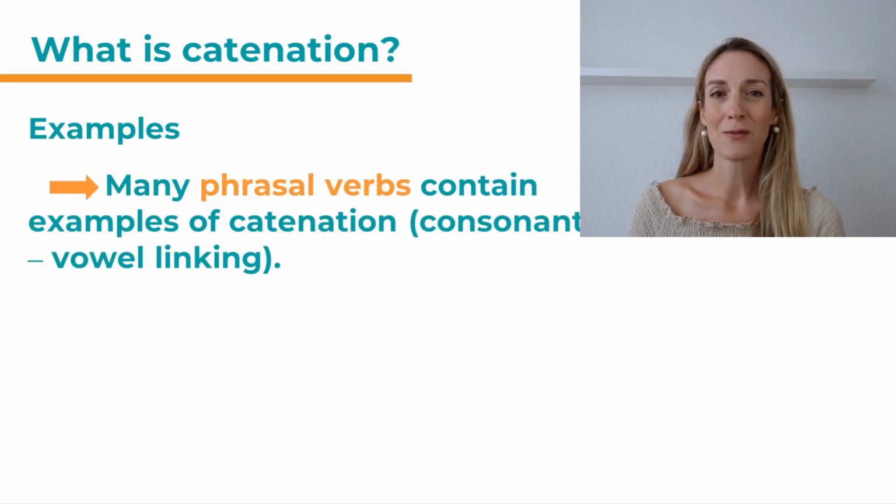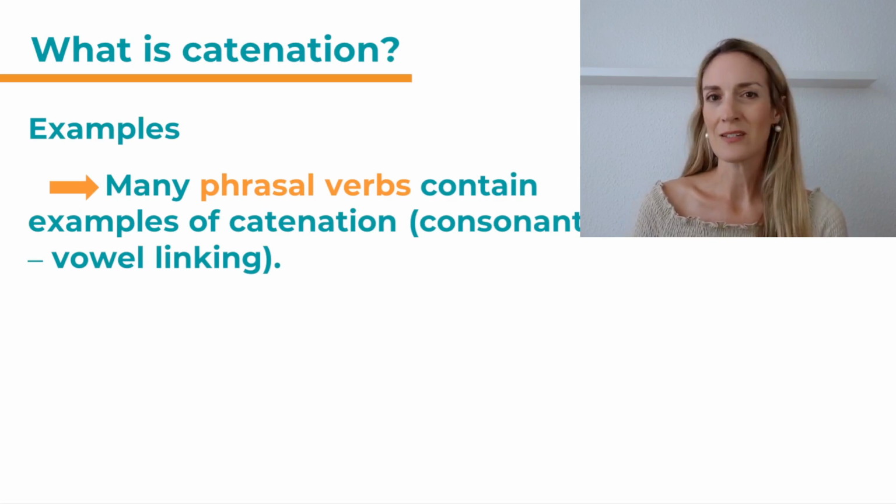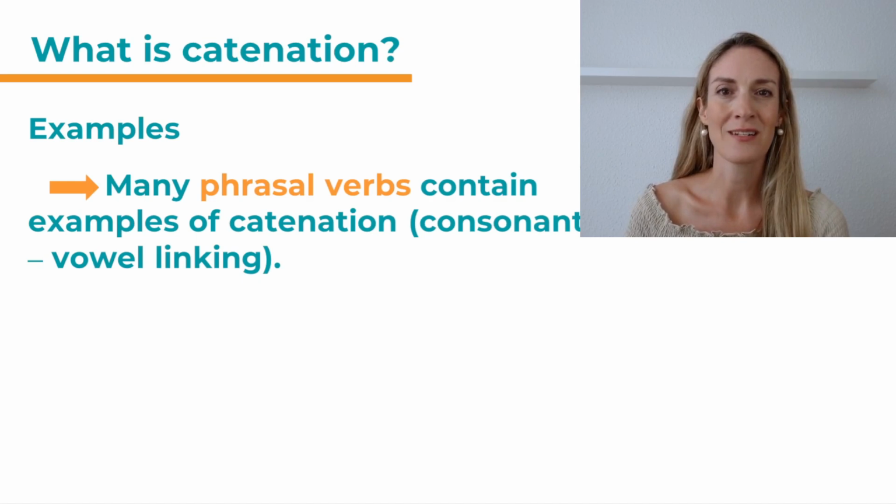You've probably noticed that my two examples were verbs with particles, and those are called phrasal verbs. We have many phrasal verbs in English that contain examples of catenation. They end in a consonant, and the particle following, which could be a preposition or an adverb, starts with a vowel sound. So we have consonant vowel linking here, called catenation.